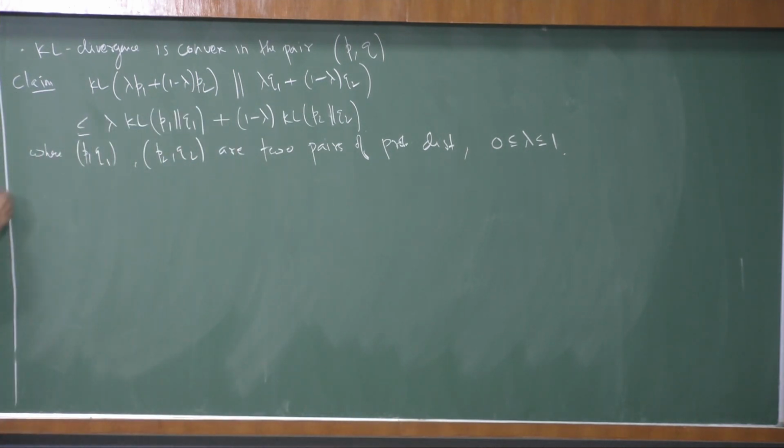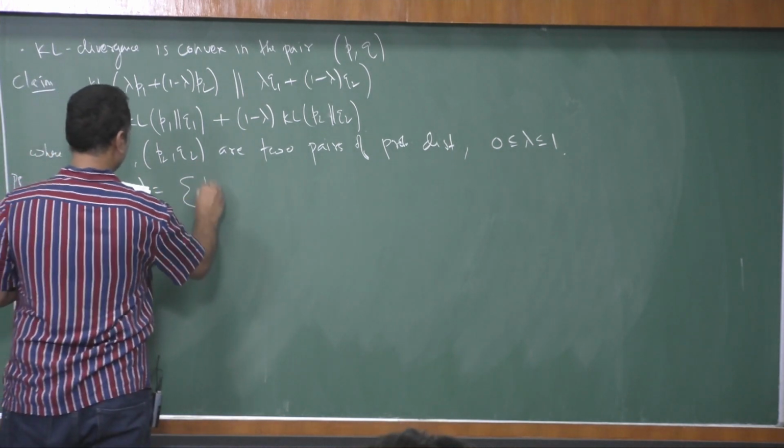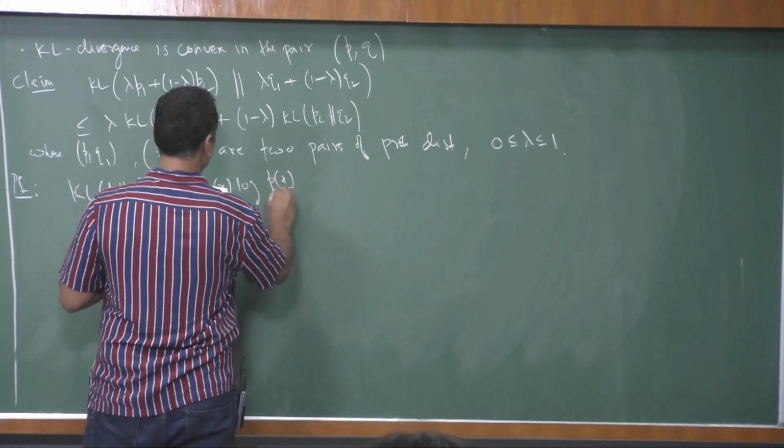The proof of this: we write KL(P, Q) as the sum of P(x) log P(x) by Q(x).